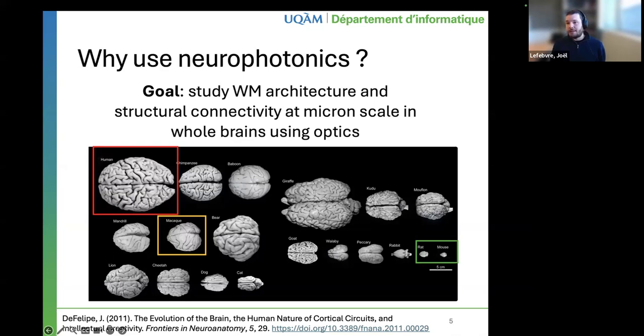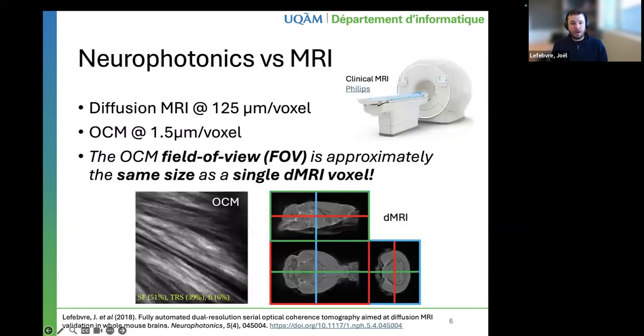Why is neurophotonics interesting for our applications? Let's compare it with what we usually use to study the brain and do tractography, diffusion MRI. Here is an example of what I did a few years ago during my PhD. For the same brains, we did diffusion MRI with our high angular resolution sequence at 125 micron per voxel.